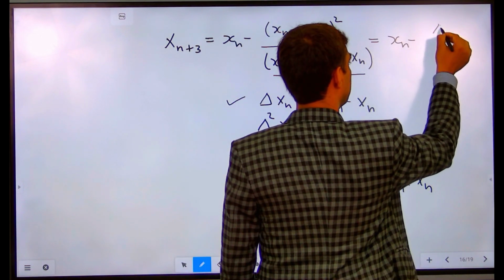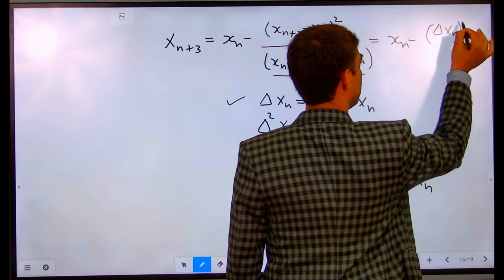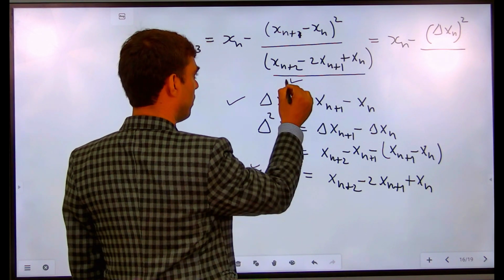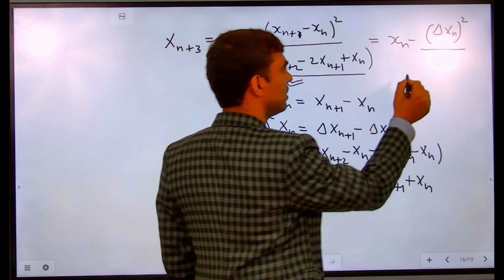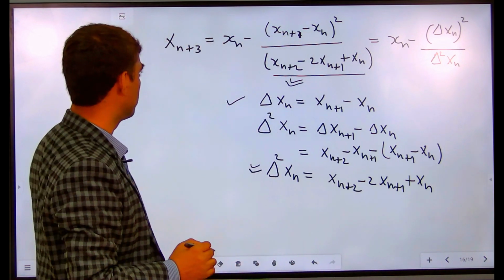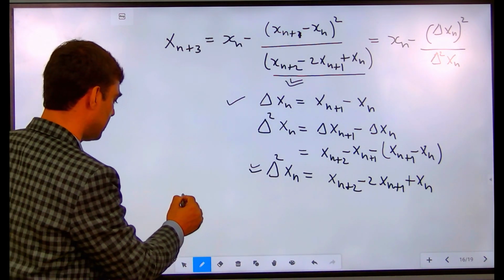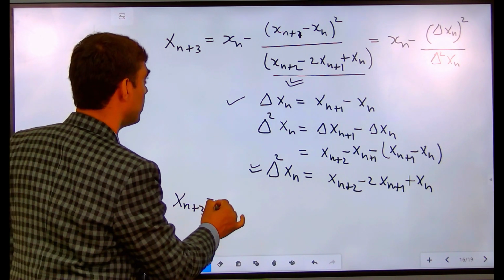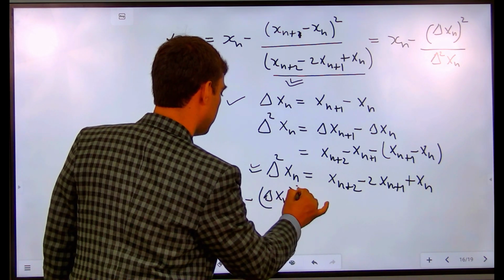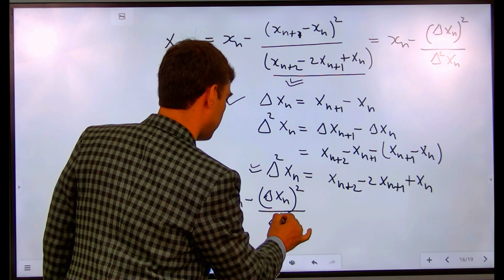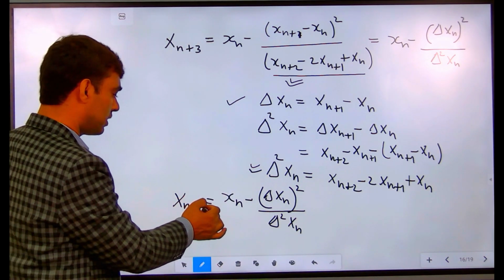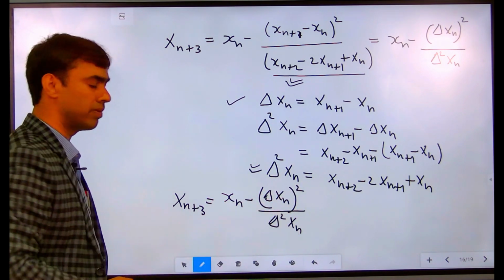So this becomes delta x_n whole square divided by the value for this, which with the help of this equation is the second order forward difference, delta 2 x_n. So x_{n+3} = x_n − (delta x_n)² / delta 2 x_n.